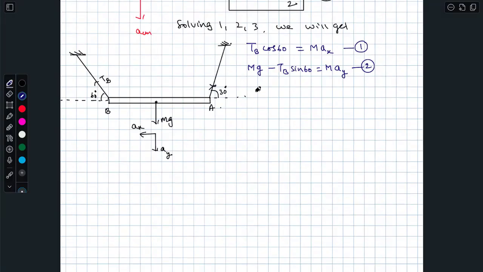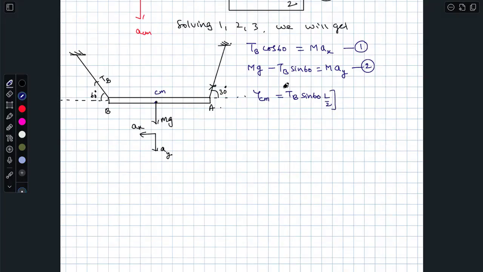Now, what about the torque equation? Torque equation is to be applied about the center of mass. It will have two components, TB cos 60, TB sin 60. But TB cos 60 will not contribute any torque. Why? It is intersecting the center of mass. mg will not contribute any torque because it is also intersecting. So therefore, this is TB sin 60 times L by 2.